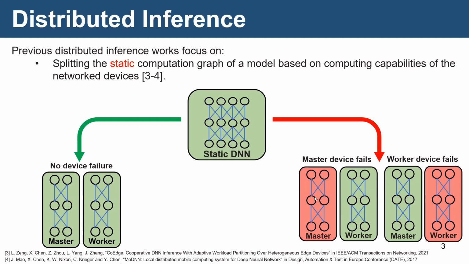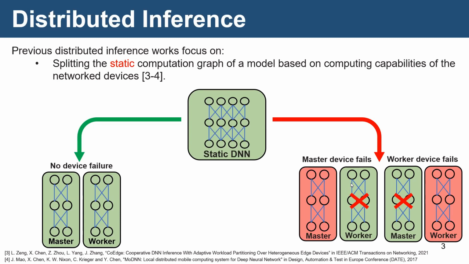So if the master device fails, the worker device will fail as well, and if the worker device fails, the master device will fail as well, because the remaining online device only has a part of the model weights, and it cannot be used for inference.